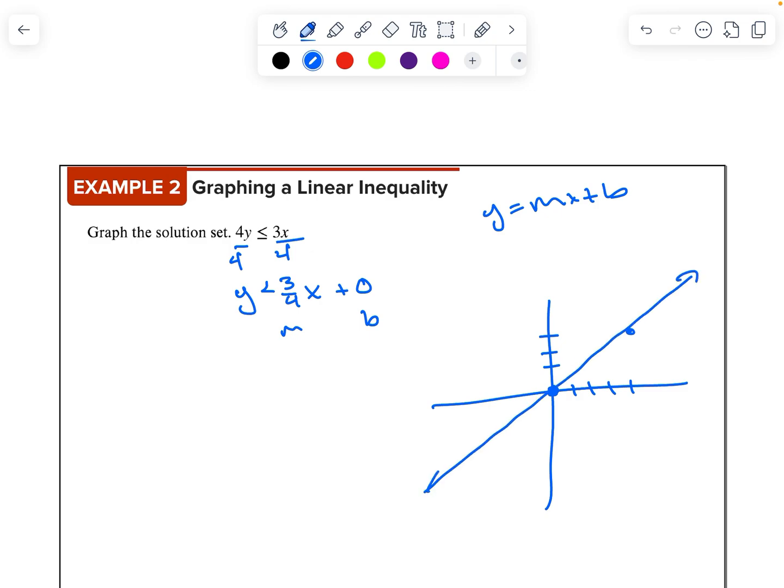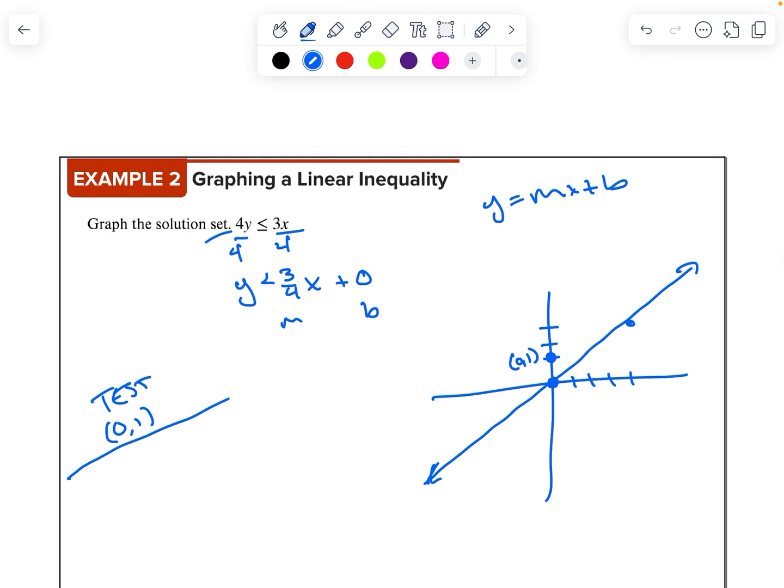This equation goes through (0, 0), so I can't pick (0, 0) as my test point. I can pick anything that's not on that line. So I'm going to pick this point right here, the point (0, 1), and test it. When I sub it into my equation, I'm always going to go back to the original equation.